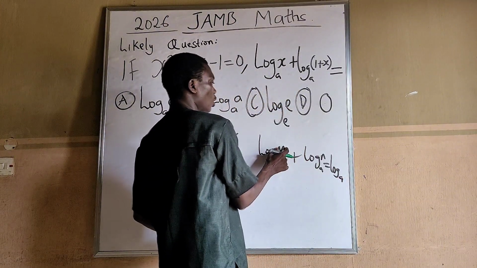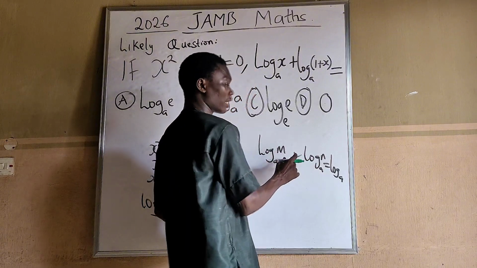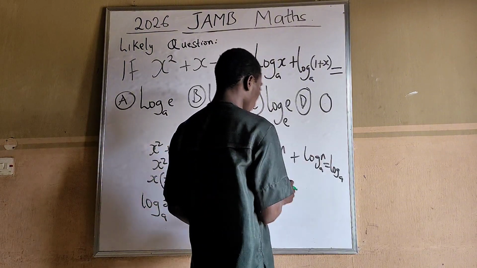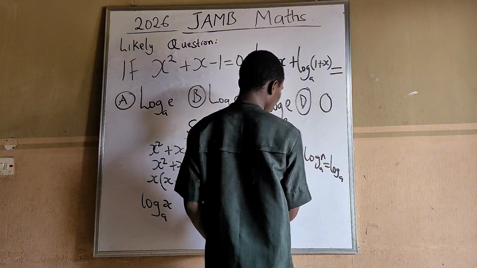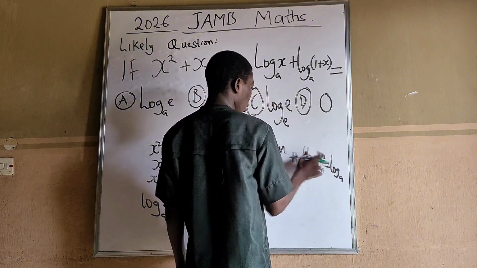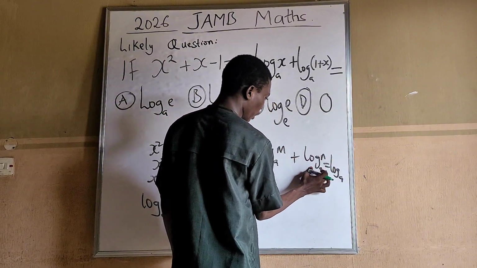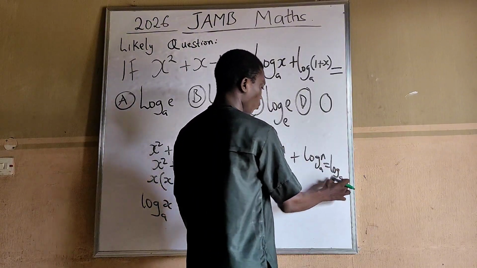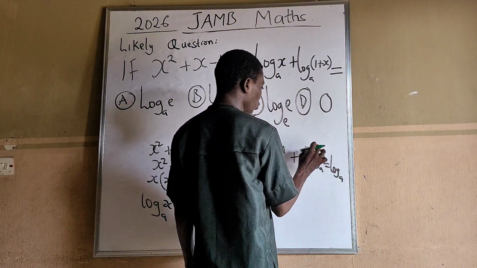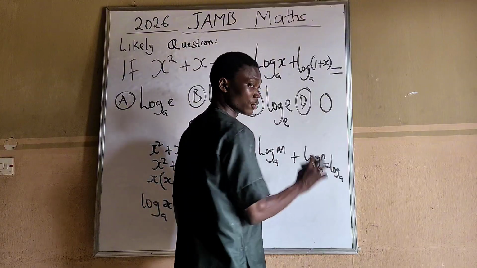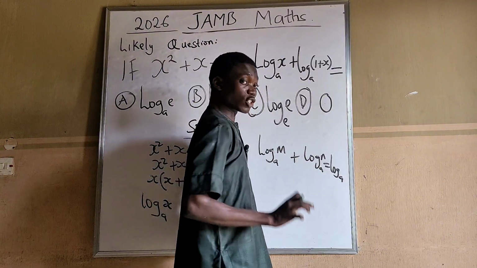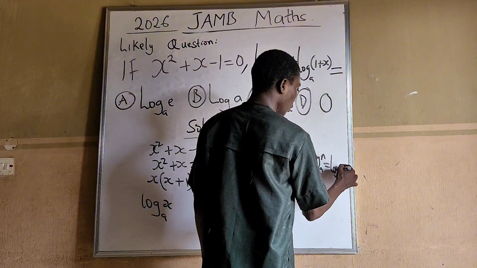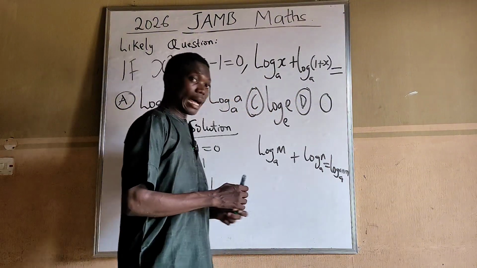In logarithm, addition changes to multiplication, which will be mn. So log m plus log n becomes log of m times n, so far as the bases are the same.